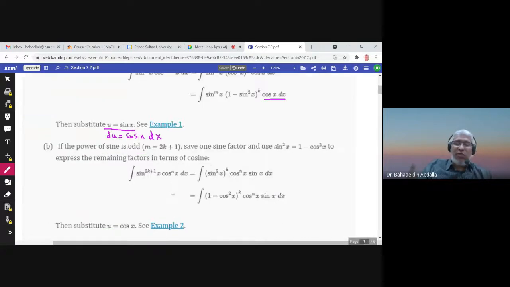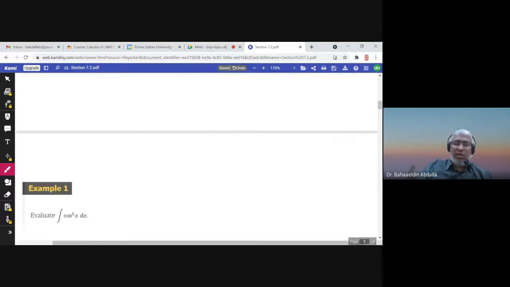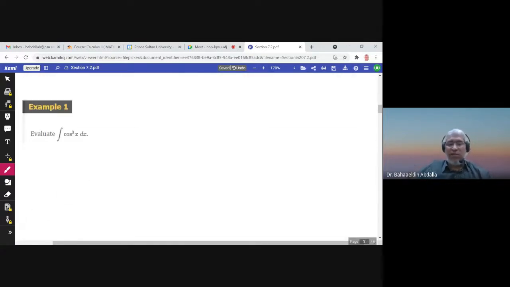So let me give you an immediate example. For example, here, although we don't have sine in this integral, we can use the same method. Cosine has power 3. So immediately I will let u equal sine x and du would be cosine x dx.